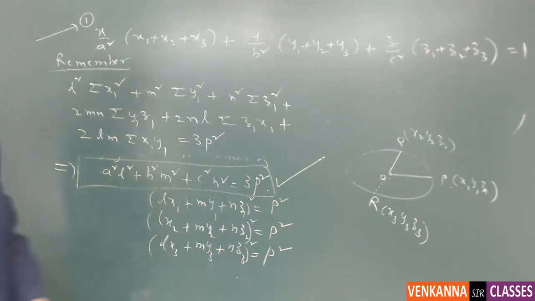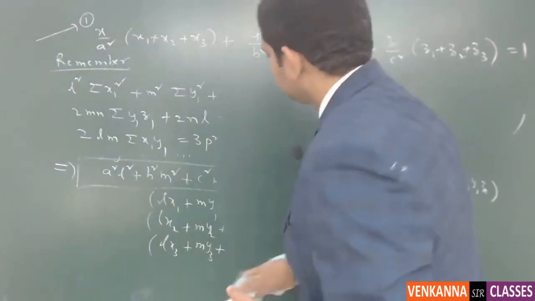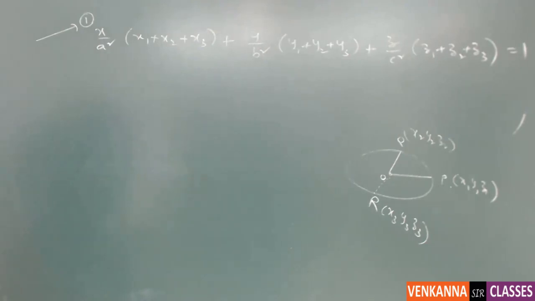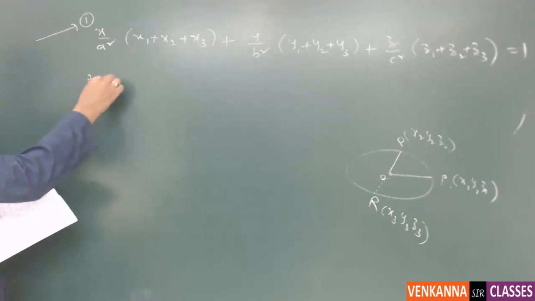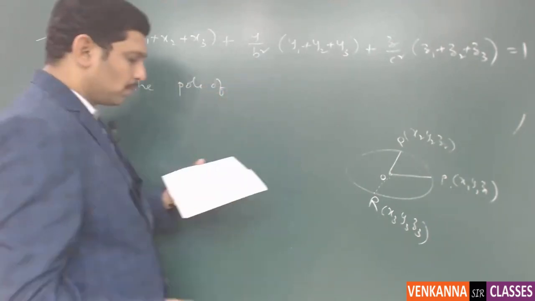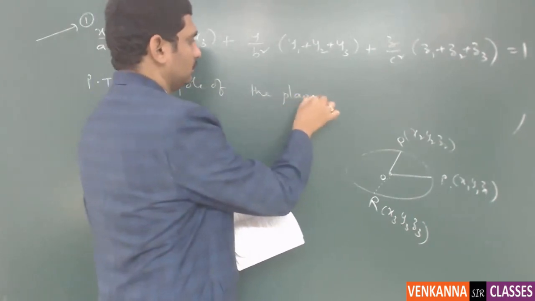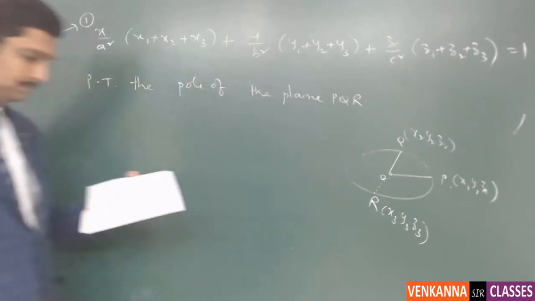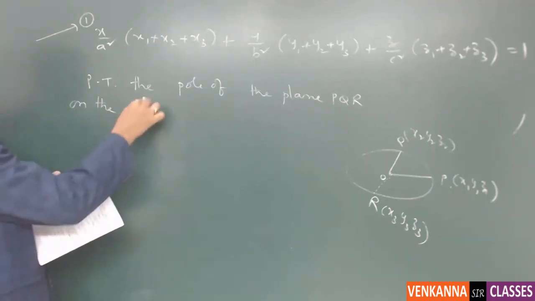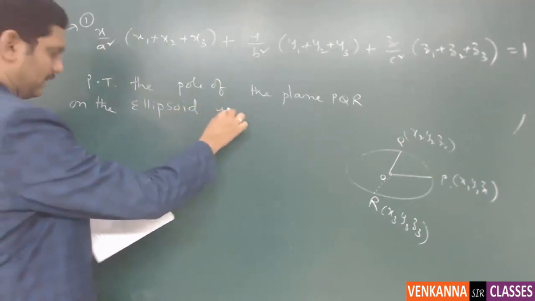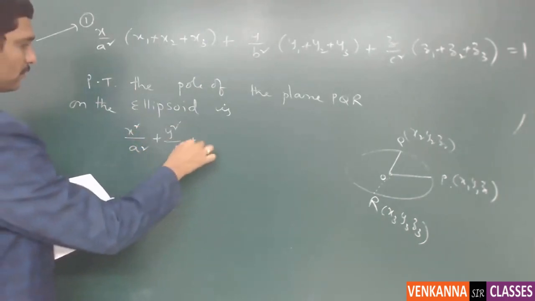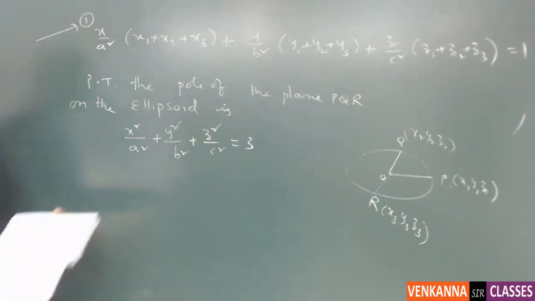Right. So let us do something interesting. So the next question is, prove that the pole of the plane PQR on the ellipsoid is... you take a note of that.